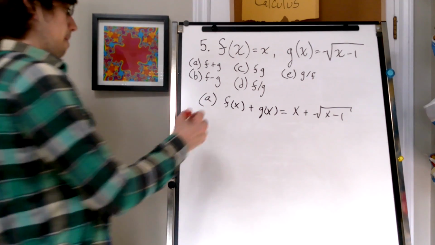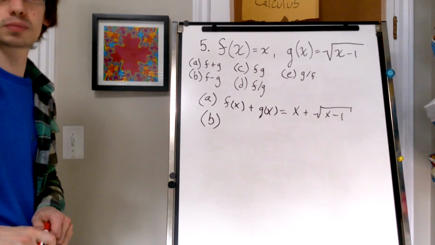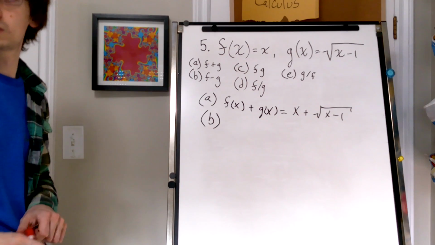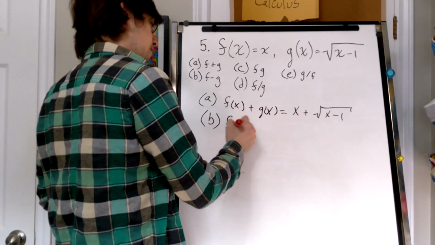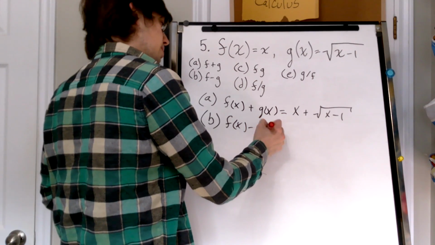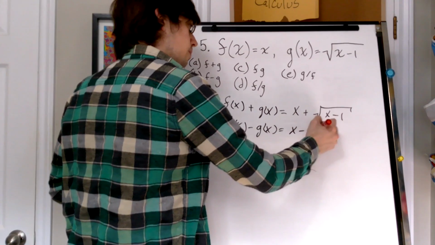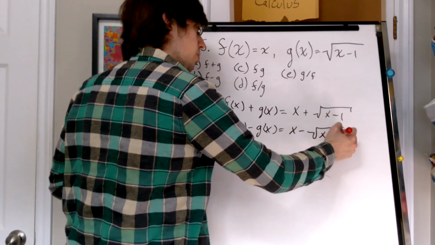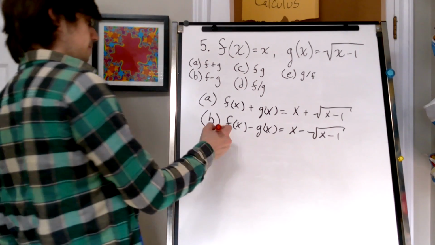Simple as that. B. B is f of x minus g of x. X minus the square root of x minus 1. Easy as that.